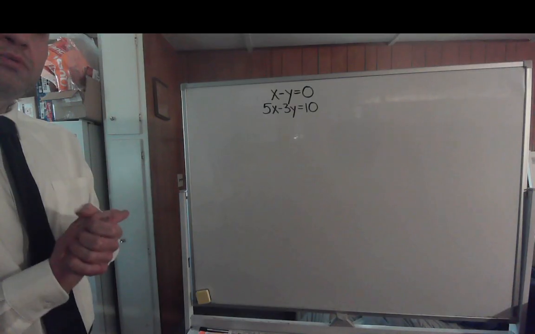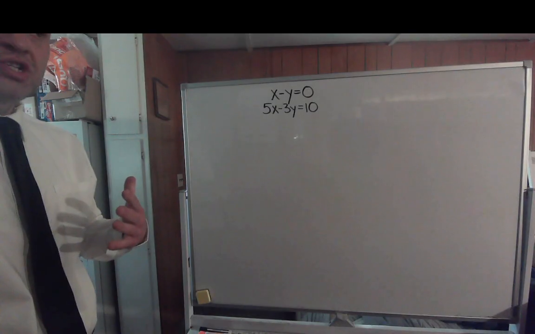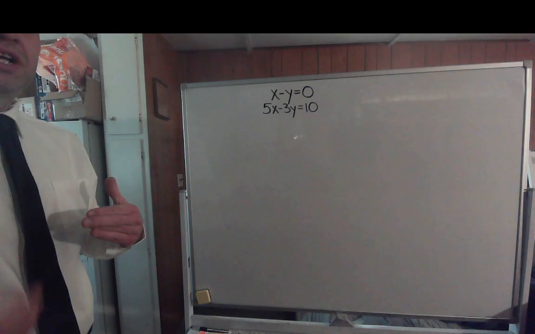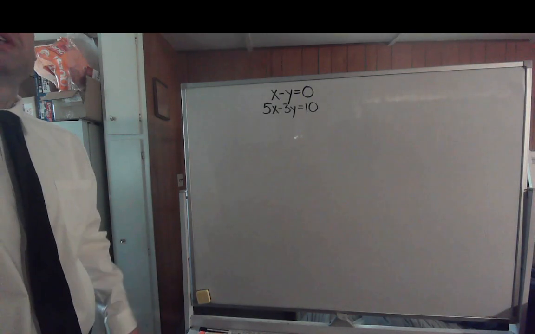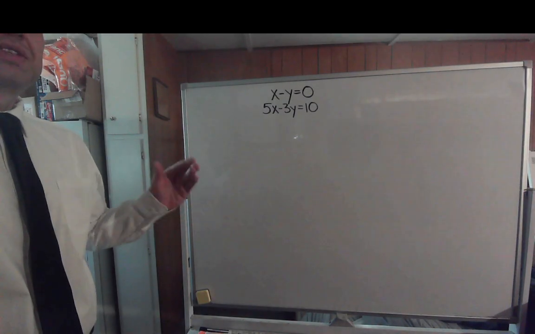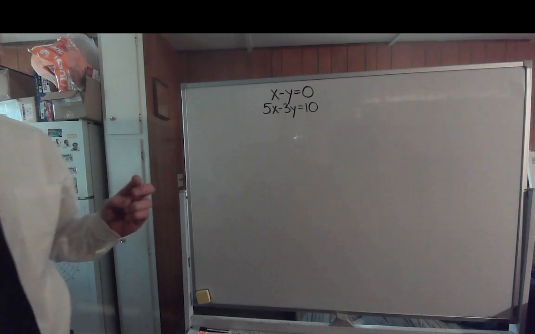So today we are going to start the unit on solving systems of equations. And today we are going to solve systems of equations in two variables using the substitution method. First we'll start out with some linear equations and then we'll get into some nonlinear ones.